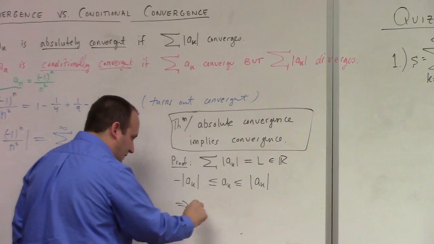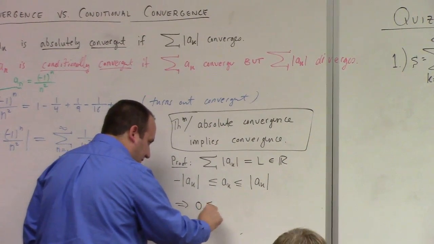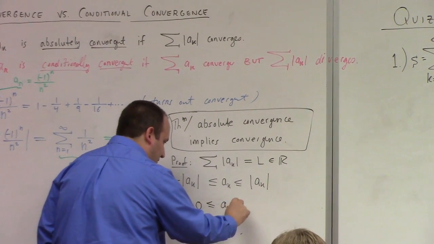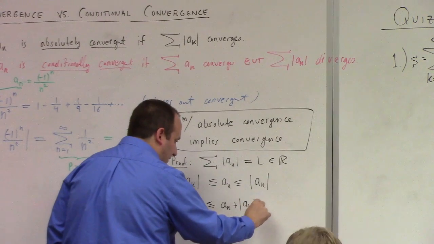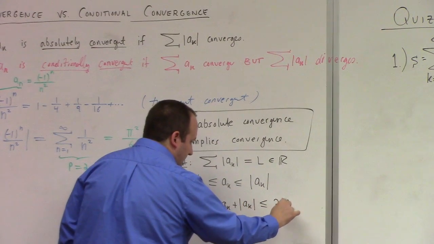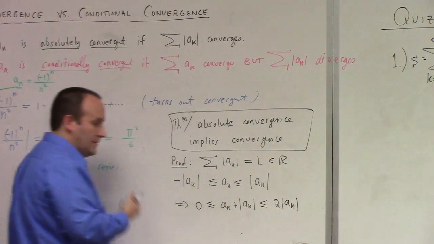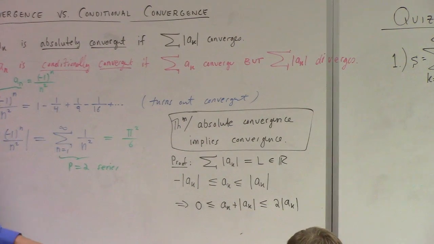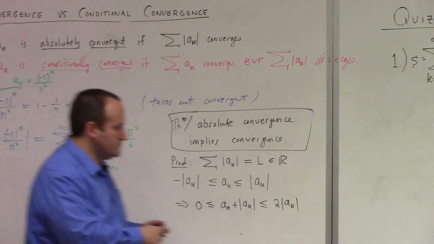This implies 0 is less than or equal to a sub k plus the absolute value of a sub k, right? Then what?